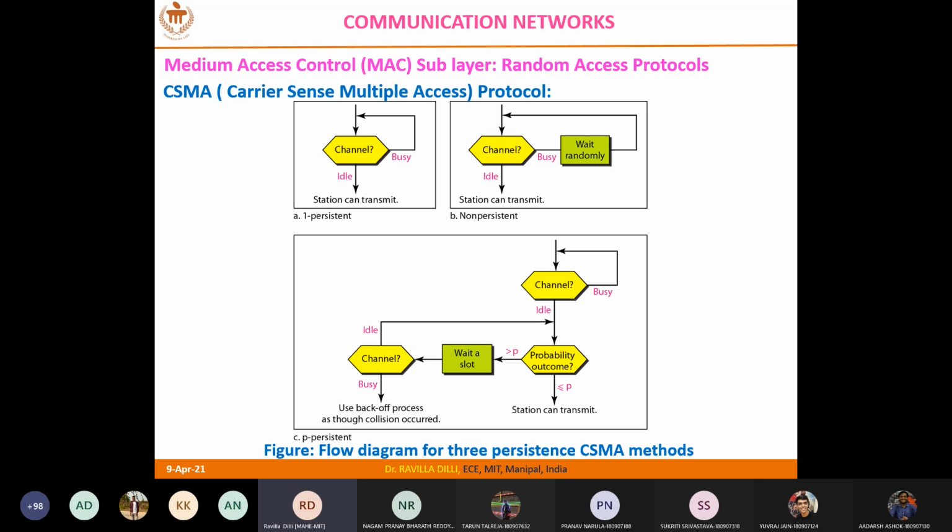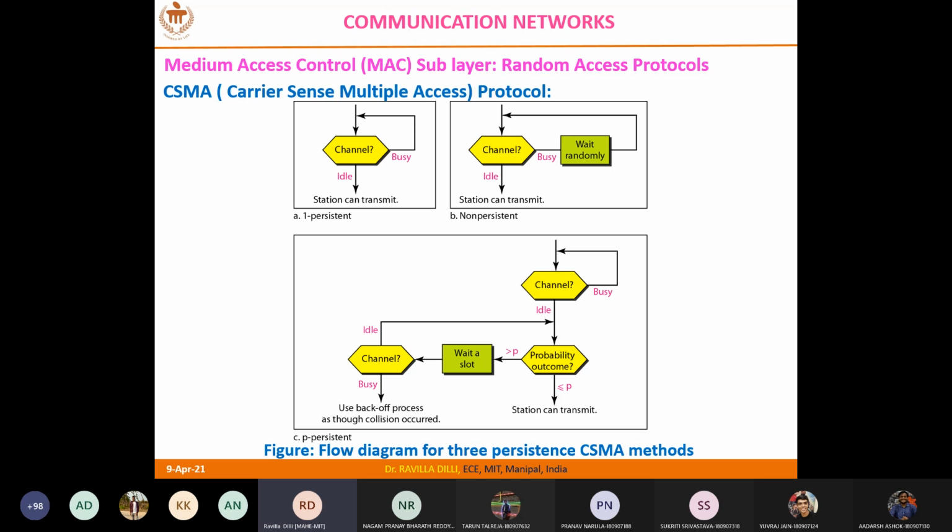You check the channel or carrier status. If it is idle, then you can transmit your frame with probability 1. So that means there is no ambiguity for you now.